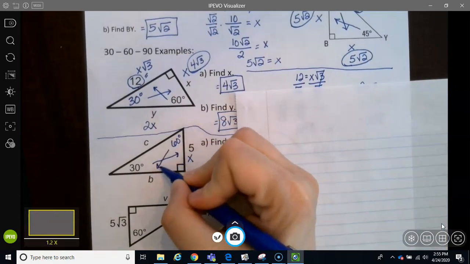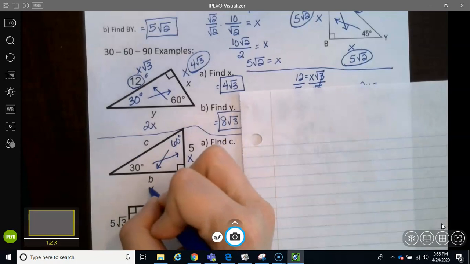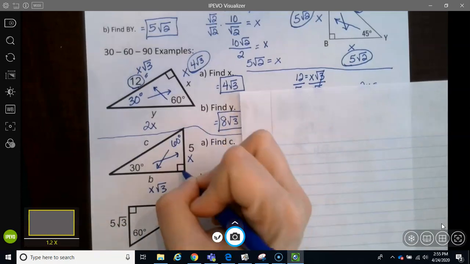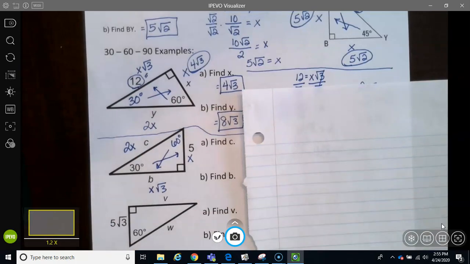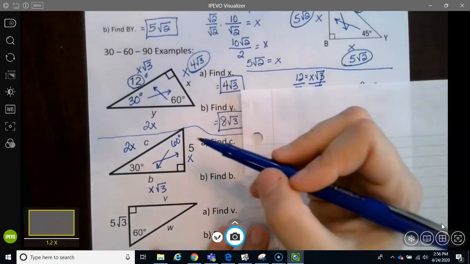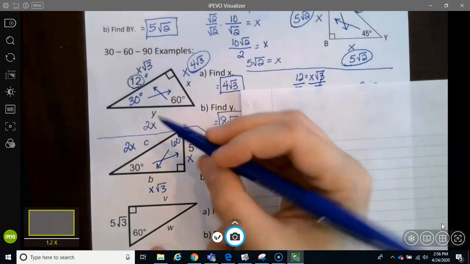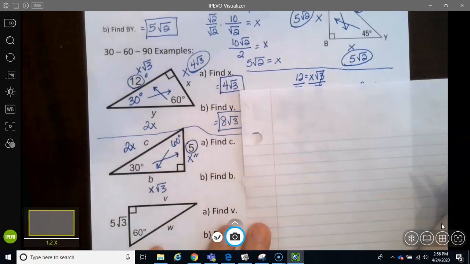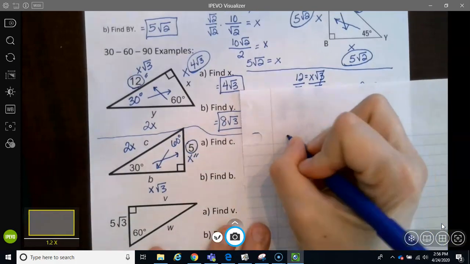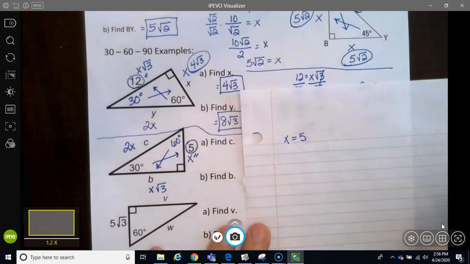Across from your 60-degree angle is your x square root of 3 side. And then your hypotenuse is your 2x side. So once you have those representations written down, go ahead and set the side that they tell you the length of, which this side is 5, equal to what's representing that side. So that's x equals 5.